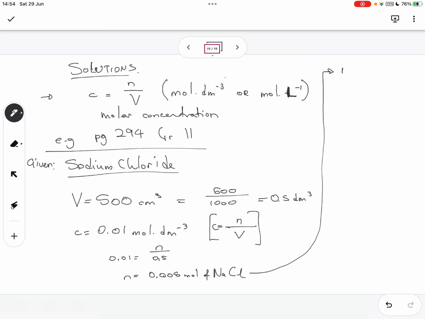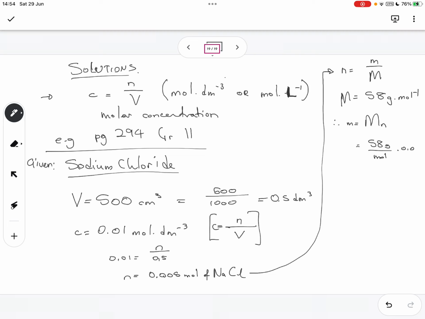Right, now this information, where do we use it? We need to first remember the number of moles is the mass divided by the molar mass. So on our periodic table, we will find that the molar mass is 58 grams per mole. Therefore, the mass will be the molar mass times the number of moles.